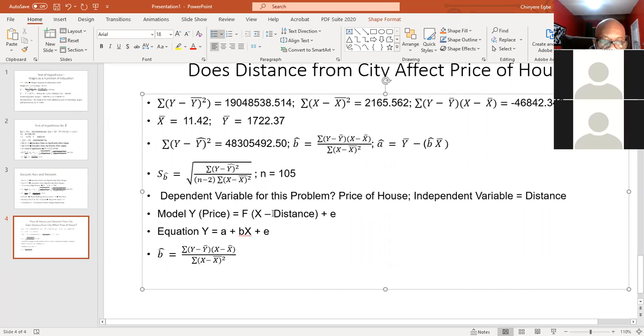B hat is the summation of Y minus Y bar times X minus X bar, over the summation of X minus X bar squared, which we take from here. And Omar was the one asking that question. So you're going to have all these fanciful numbers. You don't have to do your own calculation. You've already done that for your homework assignment.